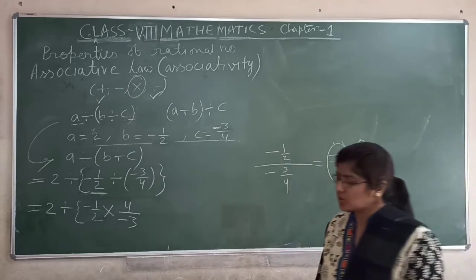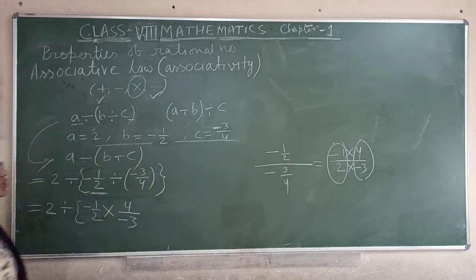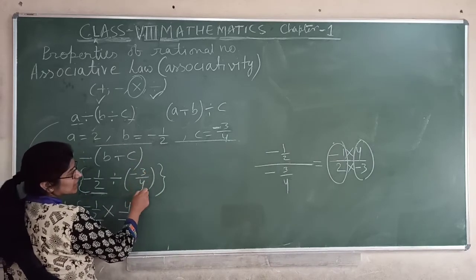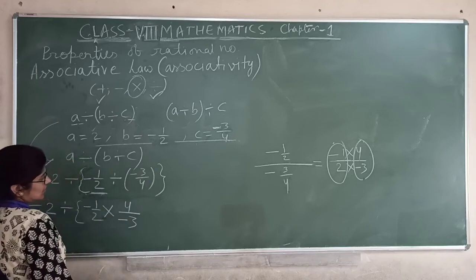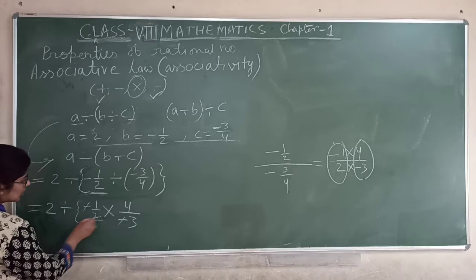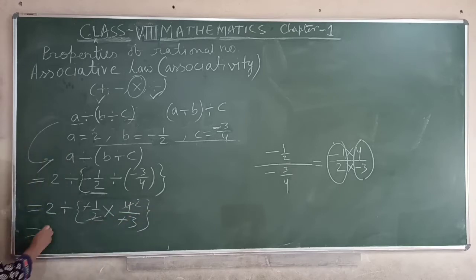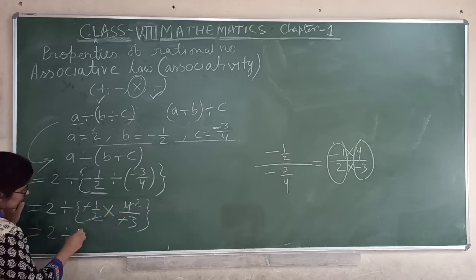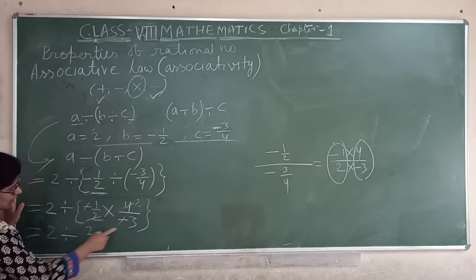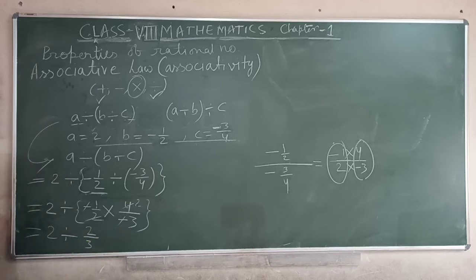Reciprocal, you know, is when we interchange numerator and denominator. If we interchange numerator and denominator, you will get the reciprocal. Okay, minus and minus cancel out, 2 and 2 cancel, bracket close. So you have 2 divided by 2 upon 3.